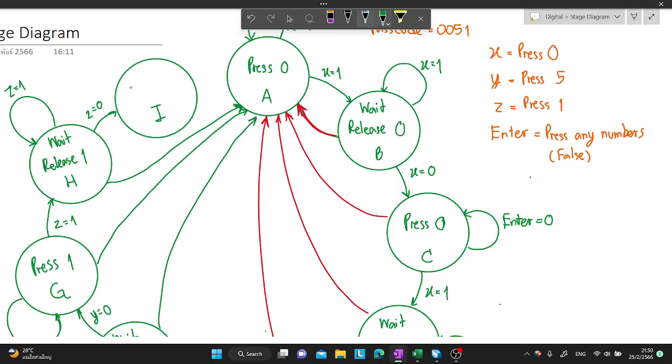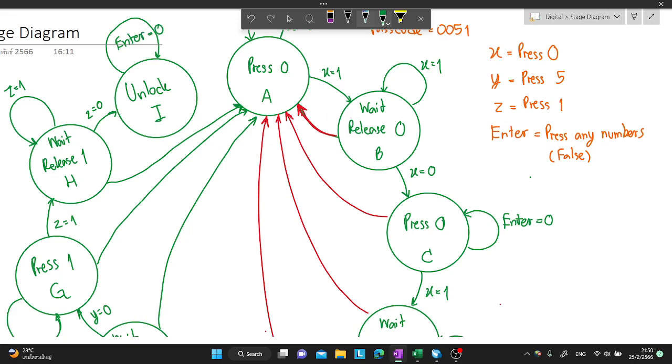Stage I is unlock, which is when I press all the digits and the circuit is complete. And then unlock, it has an LED show too. So in this state, it's unlocked. When I don't do anything to it, enter is still 0.